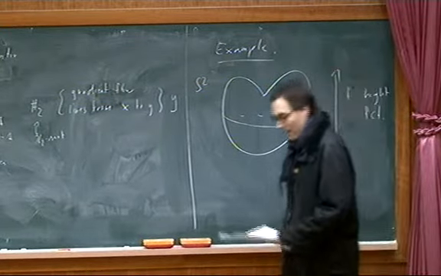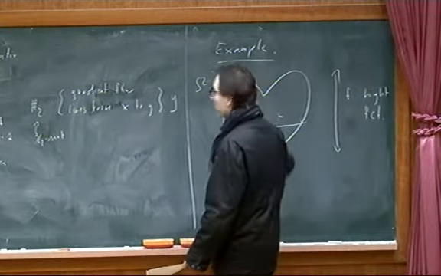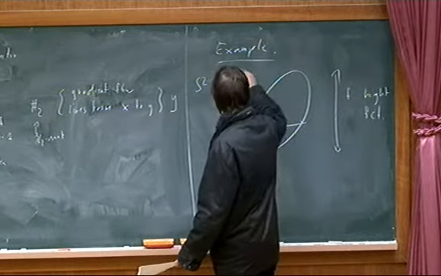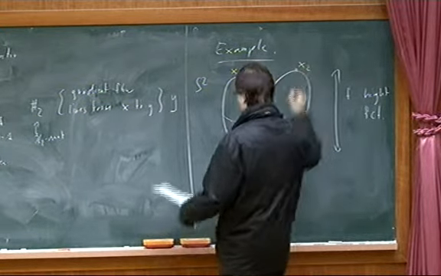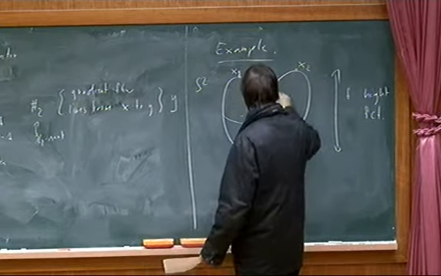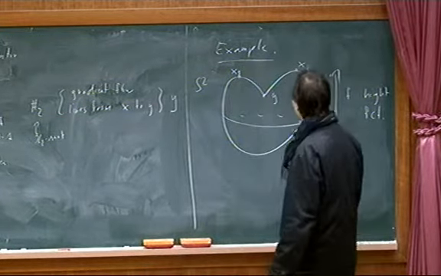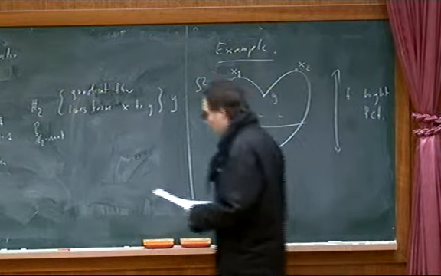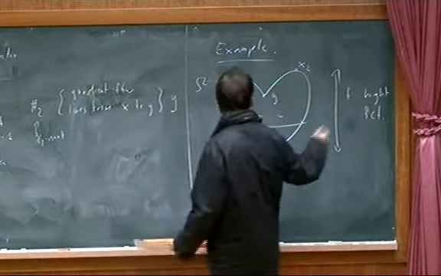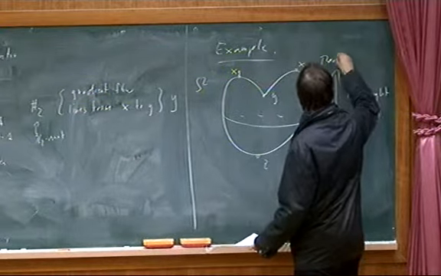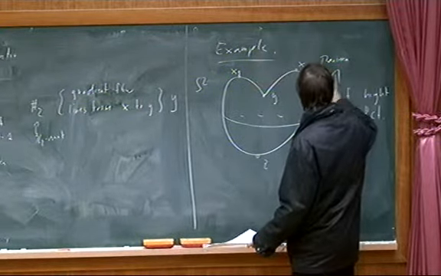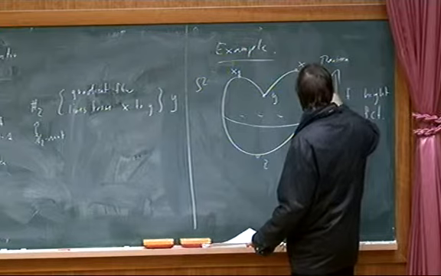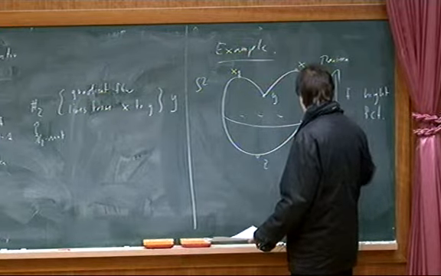So you see we have 4 critical points, here 2 maxima, and then here a saddle point, and finally here a minimum.